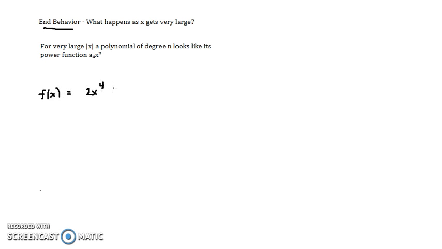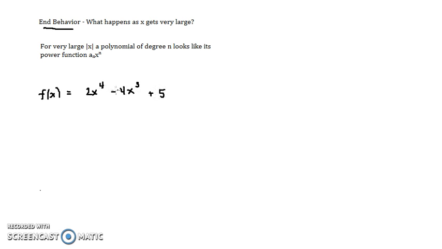So we've got 2x to the fourth minus 4x cubed plus 5. All right, so in the middle of the graph, this doesn't really tell us anything, but when x gets really big, we're talking about like 10, 100,000, a million, what happens? Well, when we're plugging in really big values of x, is this 5 going to do much to the graph? No, basically rounding-wise, it's gone.